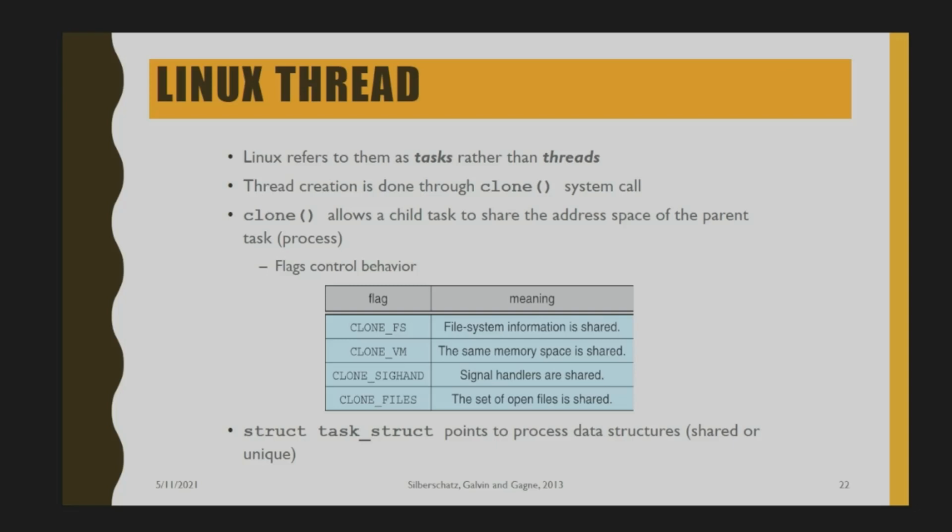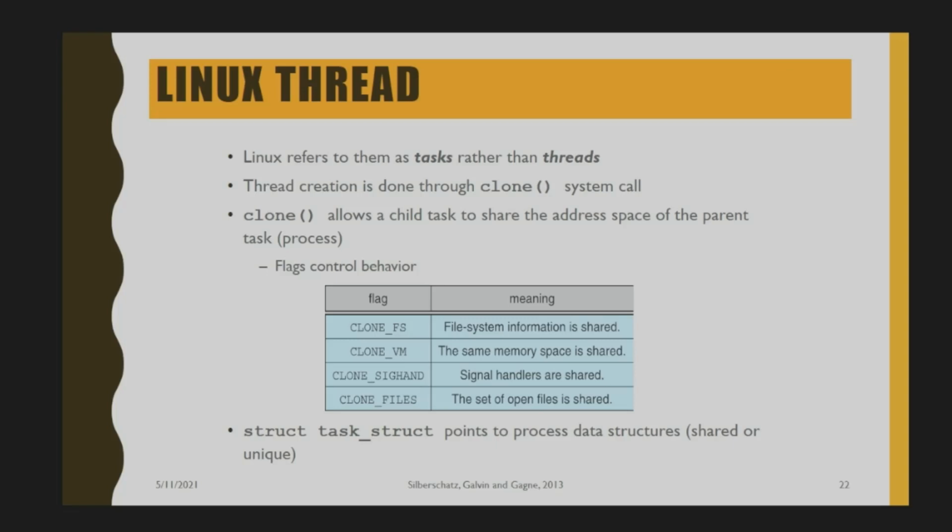This clone function allows the child task to share the address space of the parent task. In the previous chapter, we already talked about parents, children, and siblings, so hopefully you can still recall that part in order to imagine the clone part here.